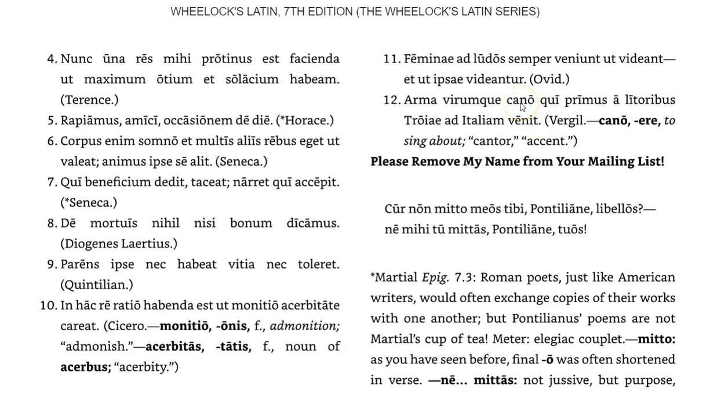So I sing, literally about arms and about a man, but sometimes this is translated as I sing of arms and of a man, even though both these endings are in the accusative, not in the genitive. So this is second declension, neuter, accusative plural, and this is simply second declension, accusative singular.